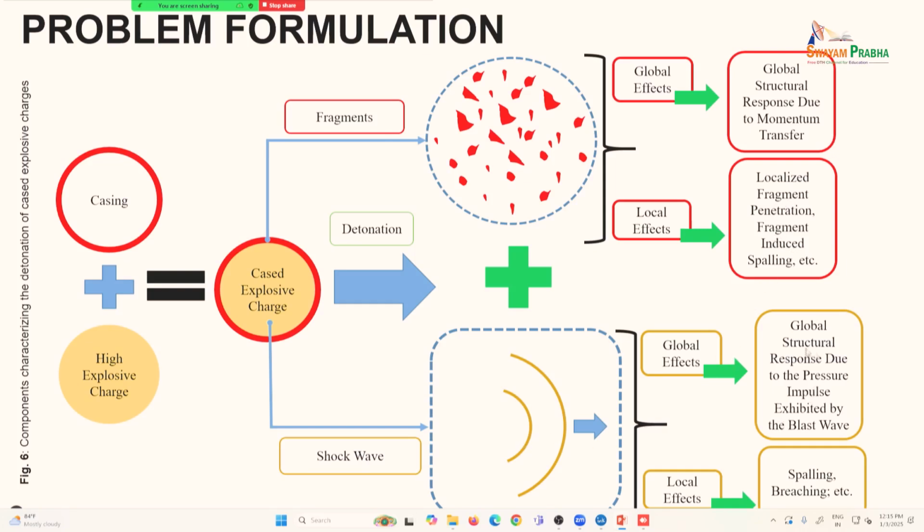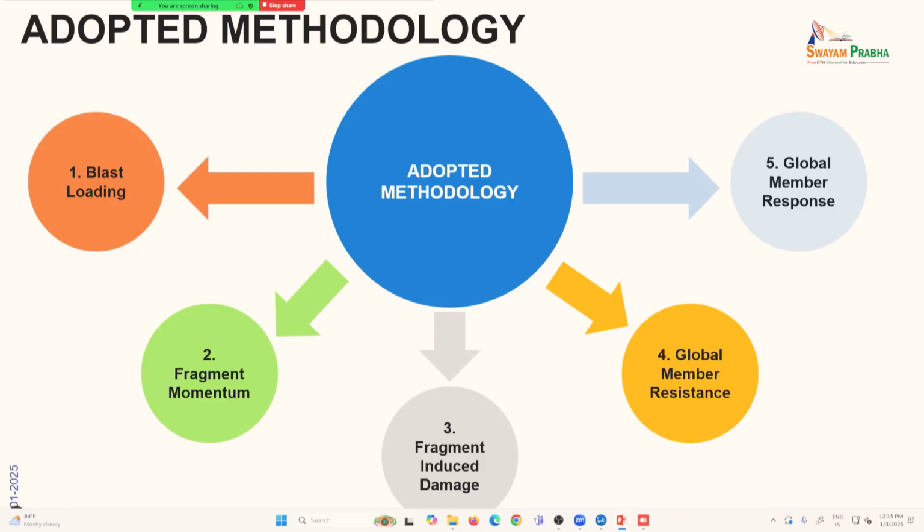Then the global effects is the structural response, and we have looked at defining spalling, breaching, etc. So, the adopted methodology was loading, then determining the fragment momentum, then the damage due to the momentum, and then the response due to all three effects.